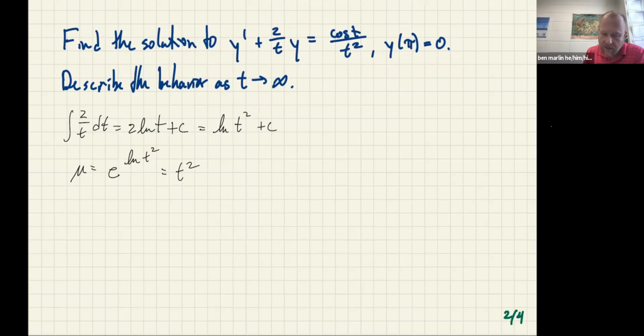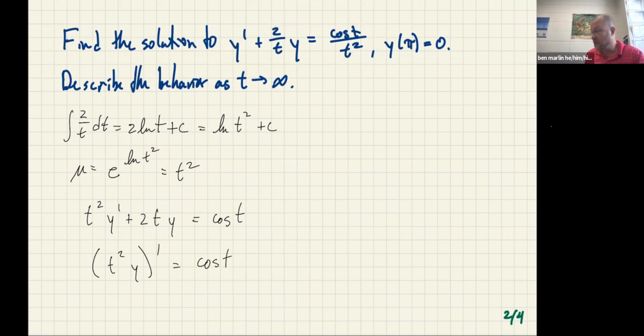So when you take this equation and multiply through by t squared, you would have t squared y prime plus 2, the t you're dividing by will cancel one of those, y, and then is equal to the cosine of t. So this left-hand side is really t squared y quantity prime. When you did the product rule there, if you were going to go ahead and work it out, you would have a t squared y prime and a 2ty because they take turns.